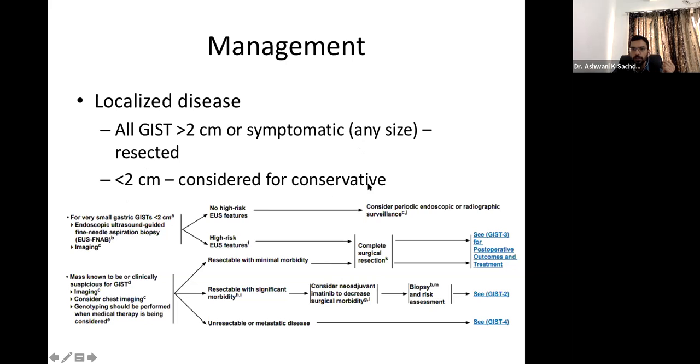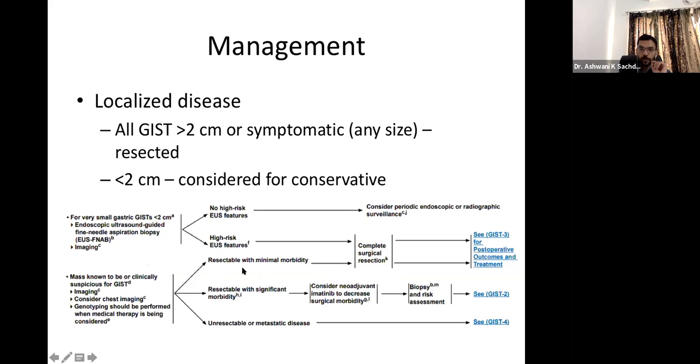This is only for the gastric GISTs. Less than 2 centimeter and proven with EUS guided FNAC. If there are no high risk features, then endoscopic surveillance to be done, and if there are high risk features, then complete surgical resection to be done in these cases.